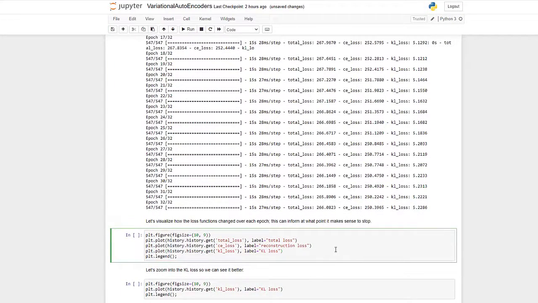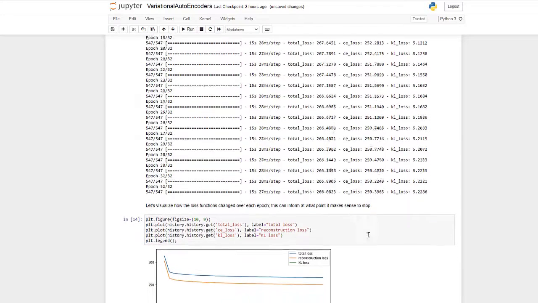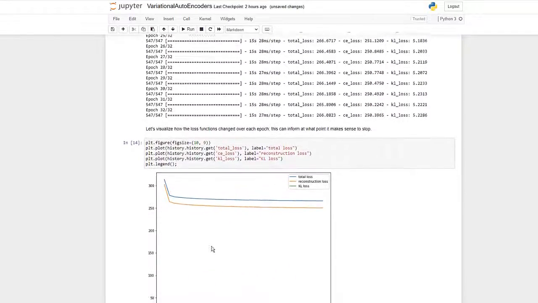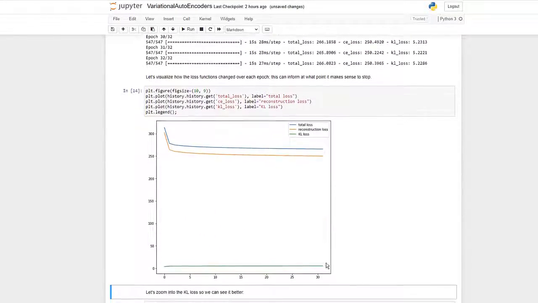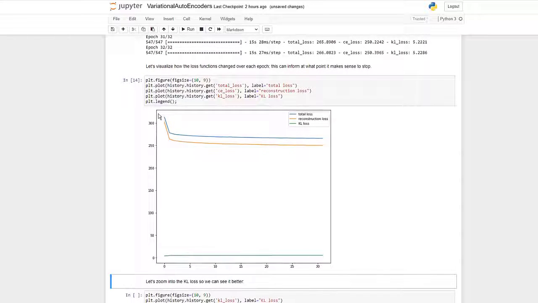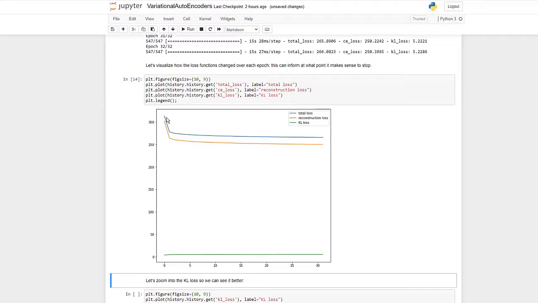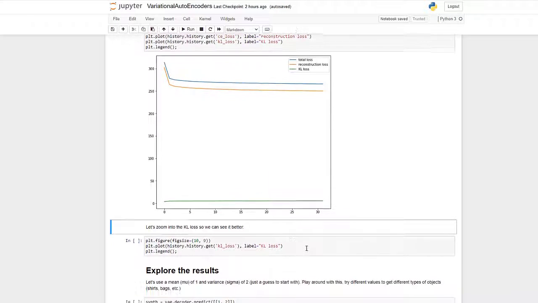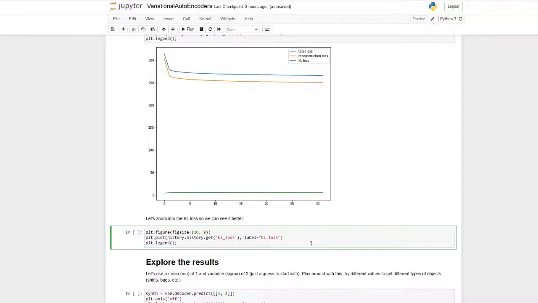And here we can actually see plotted the total loss, the reconstruction loss, and the KL loss. Again, KL loss being a much smaller value. Hard to see what's going on there. And you can see that, after just a couple of epochs here, it was really struggling to improve and decrease that loss function further. This KL loss is hard to see because it's so small in comparison, so let's zoom in and just look at the KL loss independently here.